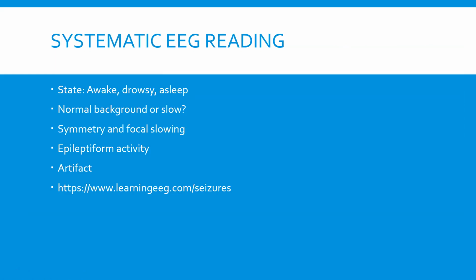Is the background normal? Is it slow? Then we look for any asymmetries, left-right asymmetry, to see if there's any focal abnormality. And then we look at epileptiform activity. If you could just do these 4 things, recognize the state of the EEG, the background, the asymmetry, and the epileptiform activity, I think that's a great start, and it would be very useful for your ability to interpret EEGs.